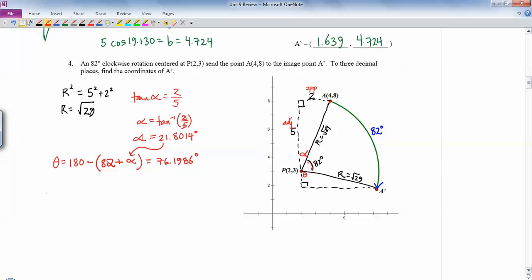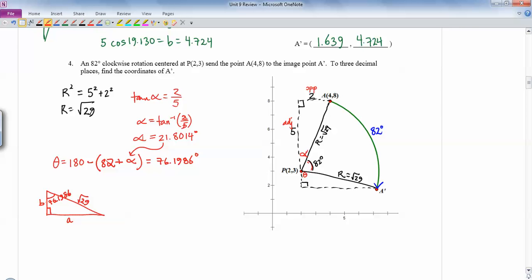So now if I draw that bottom triangle by itself, I know that this angle is theta, 76.1986. I know that the radius is root 29, and I need to solve for, I'll call that A down here and B over here.